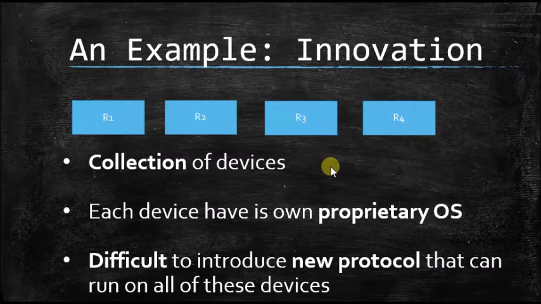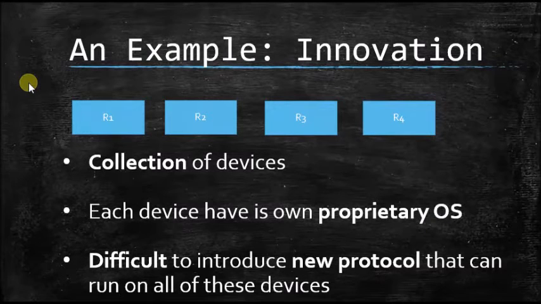So because of the proprietary operating system running on each of these devices, innovation is hindered. With this simple example, when different devices have their own control plane running their own proprietary software, we are not doing much good for the innovation that we can bring to our network.